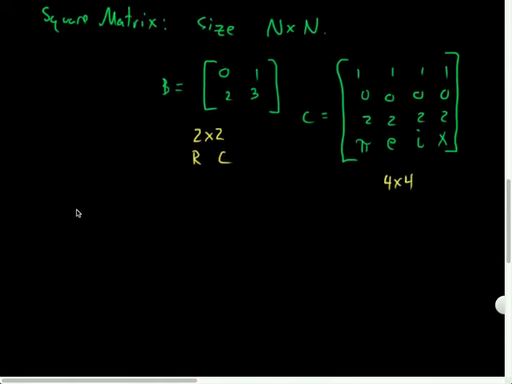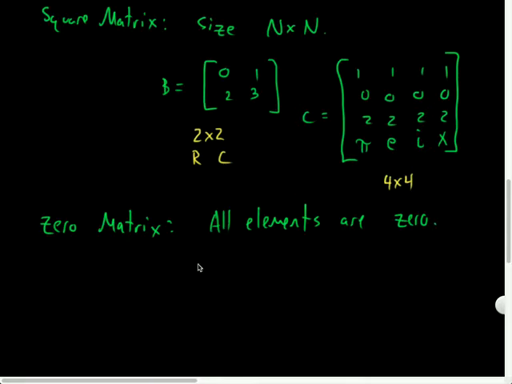Let's see, some other facts. A zero matrix would be all elements are 0. Actually, here's a 1 by 1 matrix. Not very interesting.